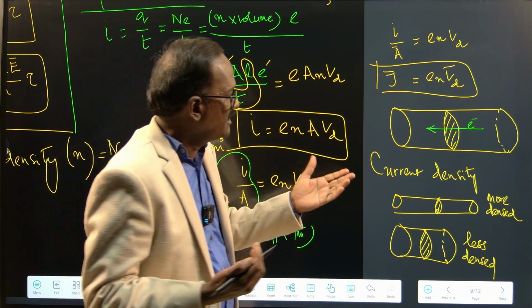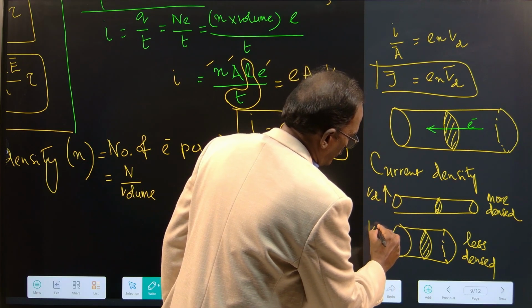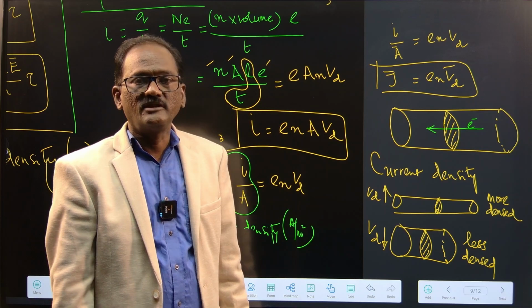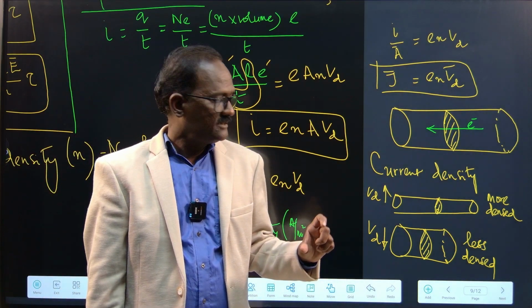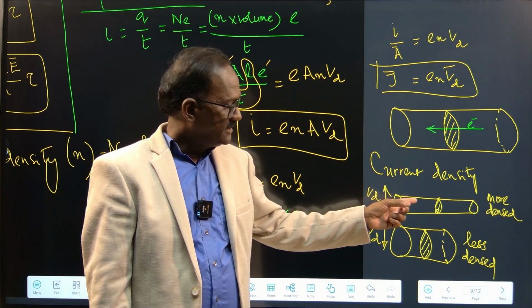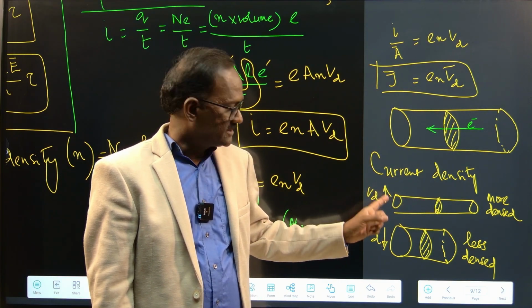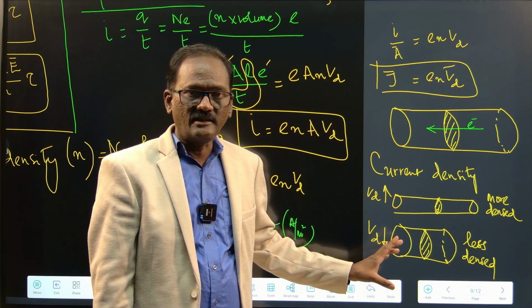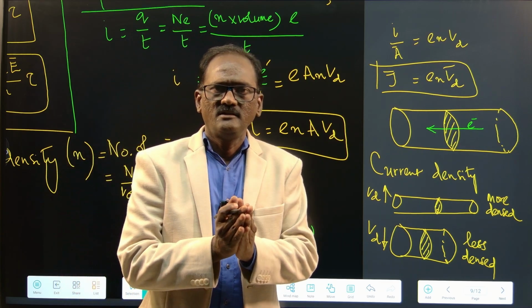Then the drift velocity is more here, and less there. So if the cross sectional area is less, Vd is increasing. If the cross sectional area is more, Vd is decreasing. It is like opening a door.